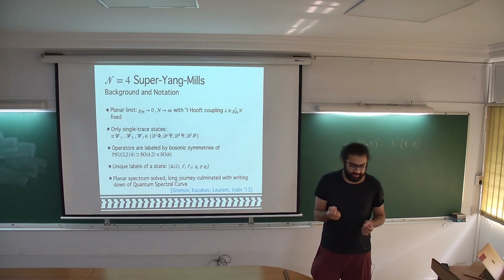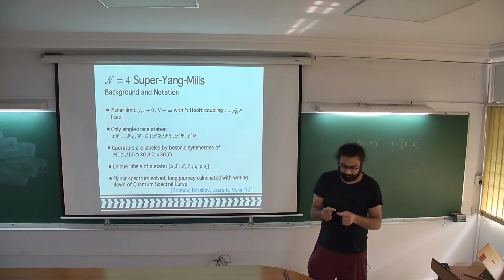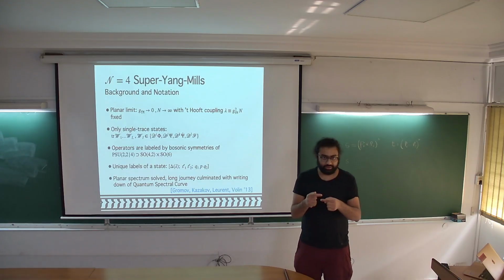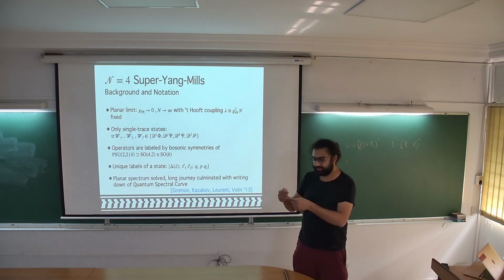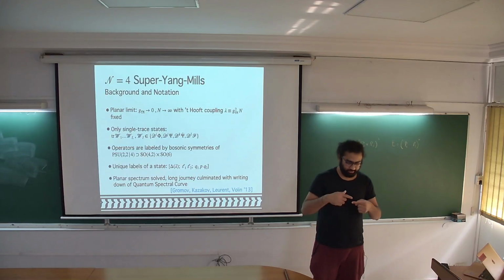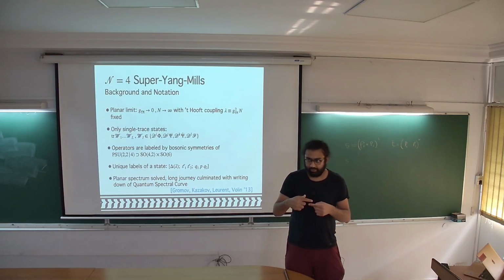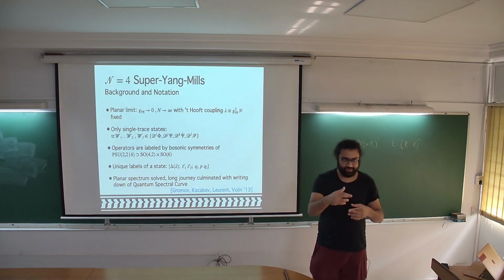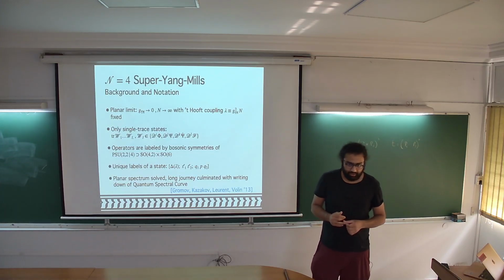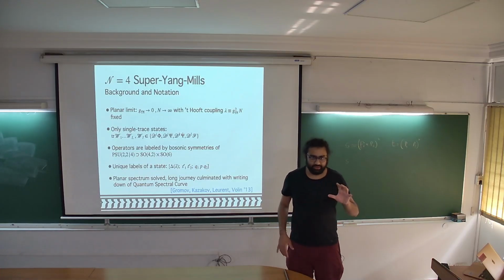The difference is that as you go to higher loops, the interactions are not nearest neighbor anymore. At one loop, the interaction is nearest neighbor, but as you go to higher loops, the interaction becomes next to nearest neighbor, next to next to nearest neighbor, like this. But still, you get integrable Hamiltonians.